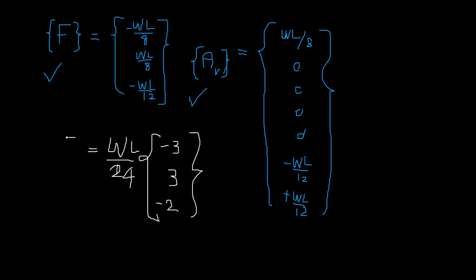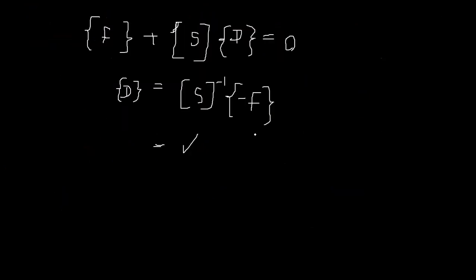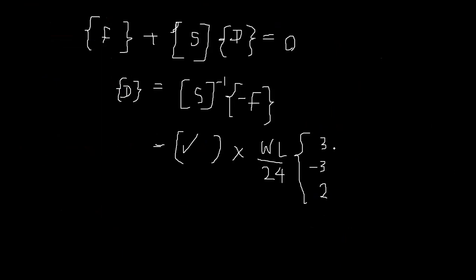This is F. So minus F would be WL over 24 times minus 3, plus 3, minus 2. So that's done. So we need to find S inverse.